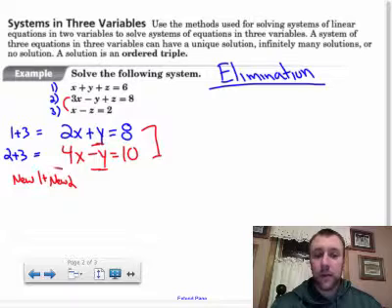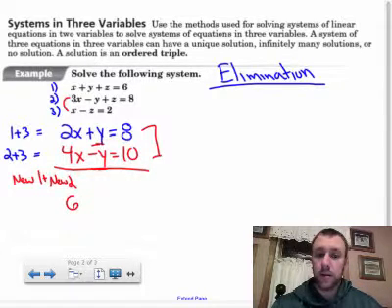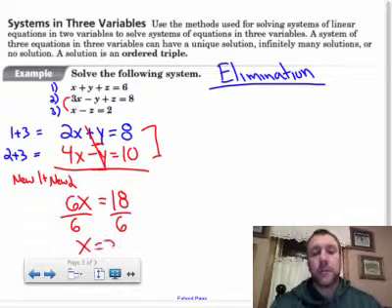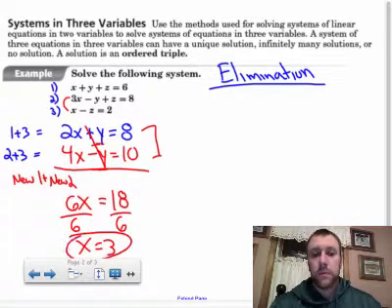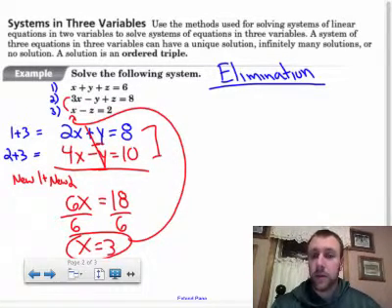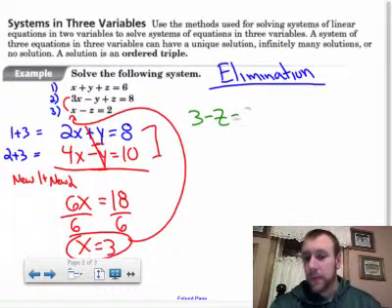Now I know x is going to be 3, and I've solved for one of the variables. So now I can plug that back into the third equation because that's the easiest one. So 3 minus z equals 2. Subtract 3 on both sides. Left with a negative z, or an opposite of z. So z has to be 1.